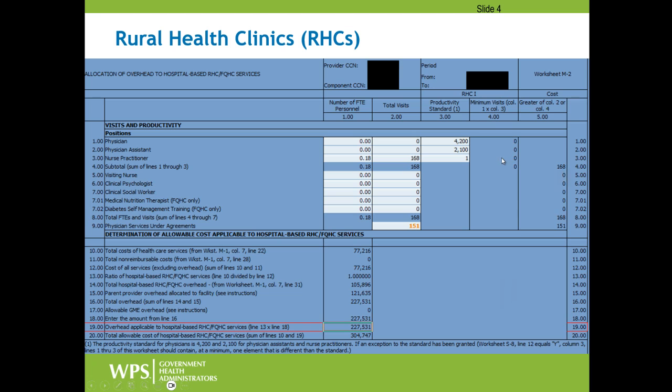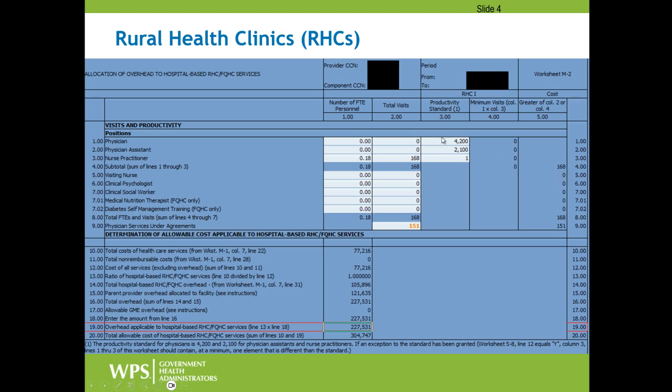If you saw it unrounded, it would actually be 0.18 here. So it is technically establishing a minimum visits, but their total visits were 168, so that ultimately is what's being used. If the minimum visits are indeed higher than what the total visits show, then this number will be higher. So it brings it up to the minimum visits.